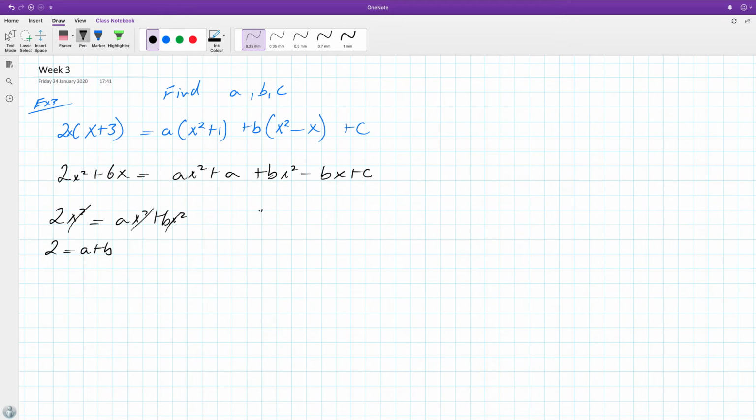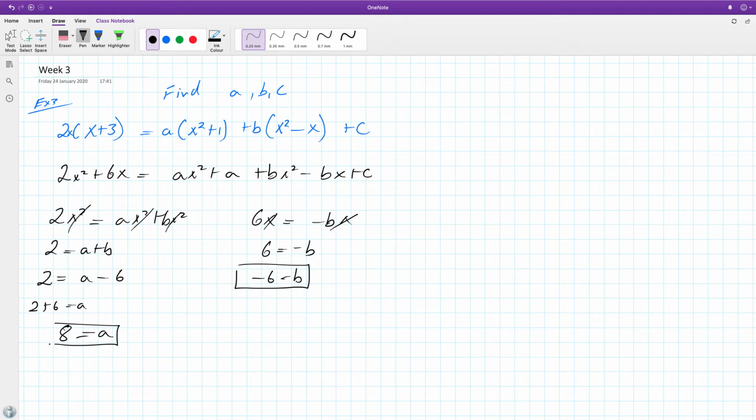Then 6x is equal to minus bx. Cancel your x's. 6 is equal to minus b. Minus 6 is equal to b. So we know b is minus 6. That means 2 is equal to a minus 6. 2 plus 6 is equal to a. 8 is equal to a.